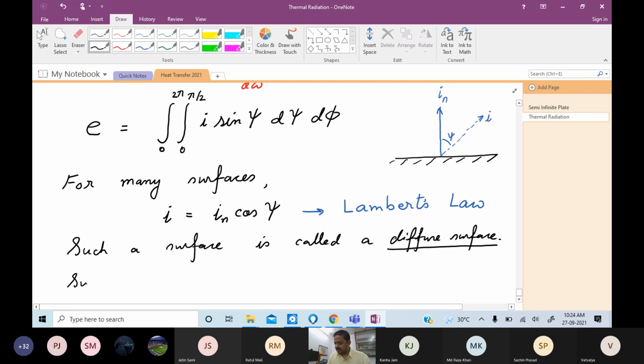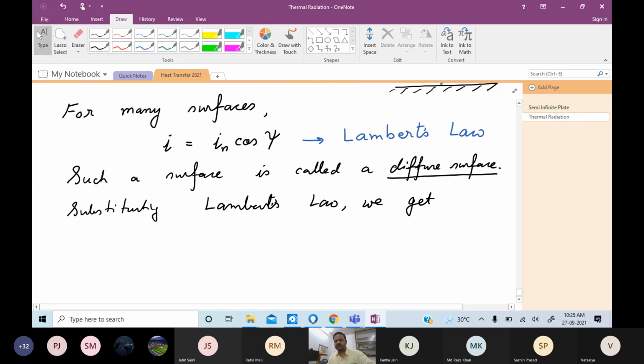So if you substitute Lambert's law, what do we get? You look at this expression for E and put I as I_N cos psi.